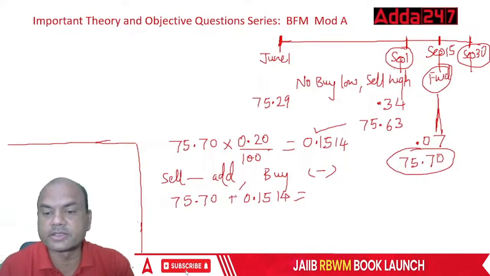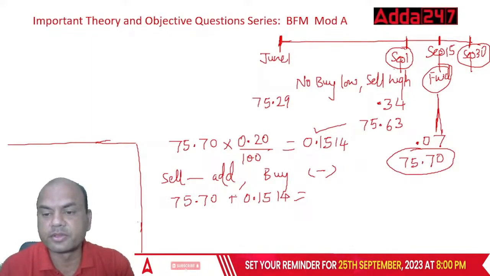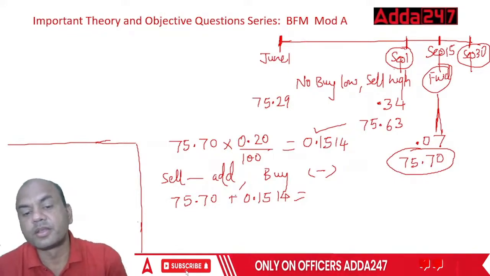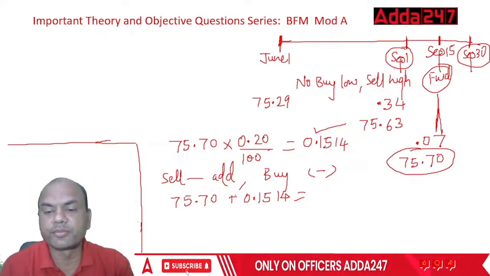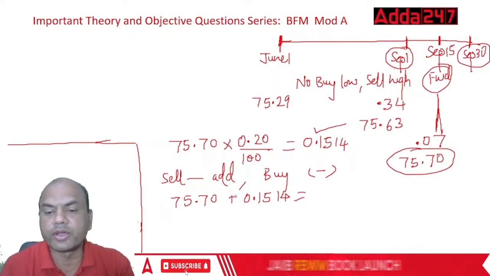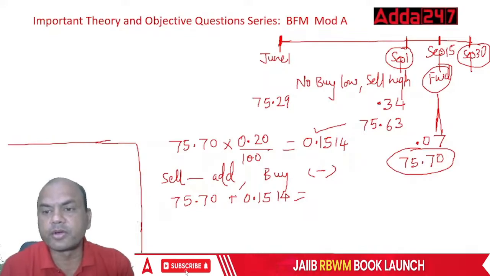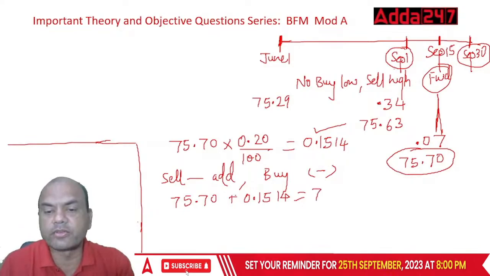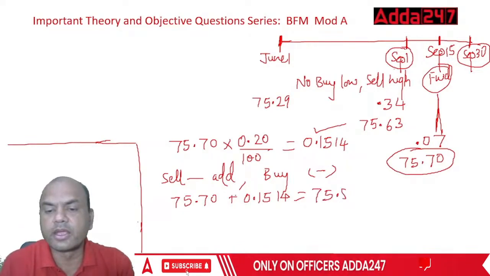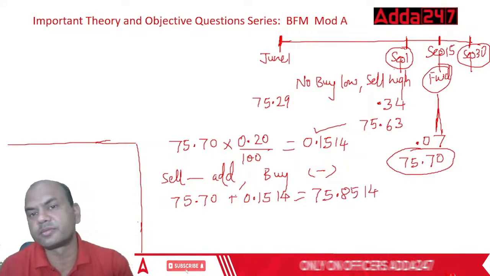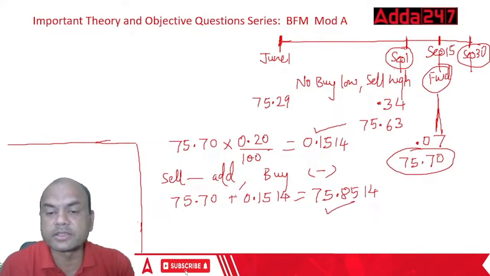So let me see the answer from your side. 75.7 plus 0.1514. Everyone tried 75.85. 75.8514. This is the exact answer you will be getting, and this is your final answer.